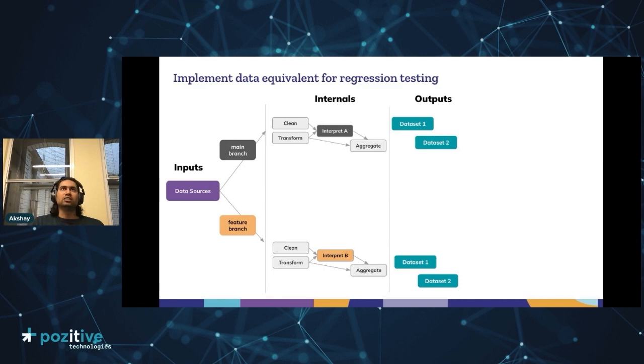So we would make the change on a feature branch and then pass the inputs through the main branch and also to the feature branch. And then we had implemented these sort of deep data checks that could run along the entire pipeline wherever we pushed it.